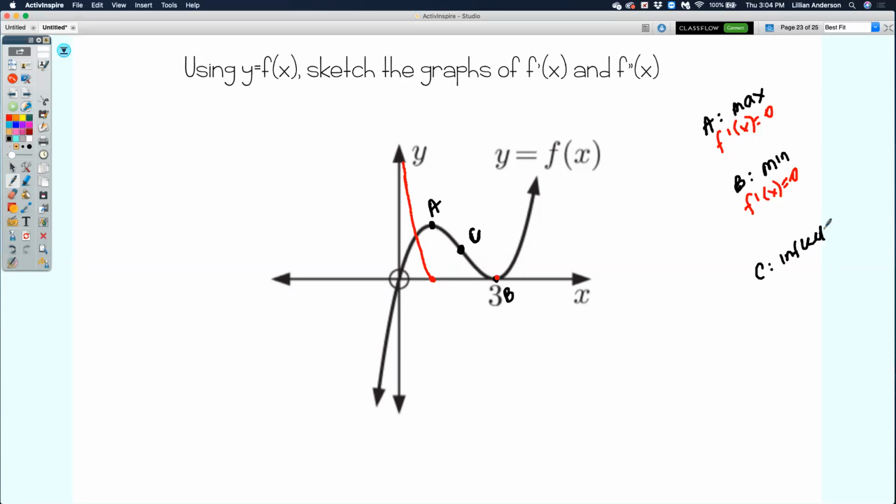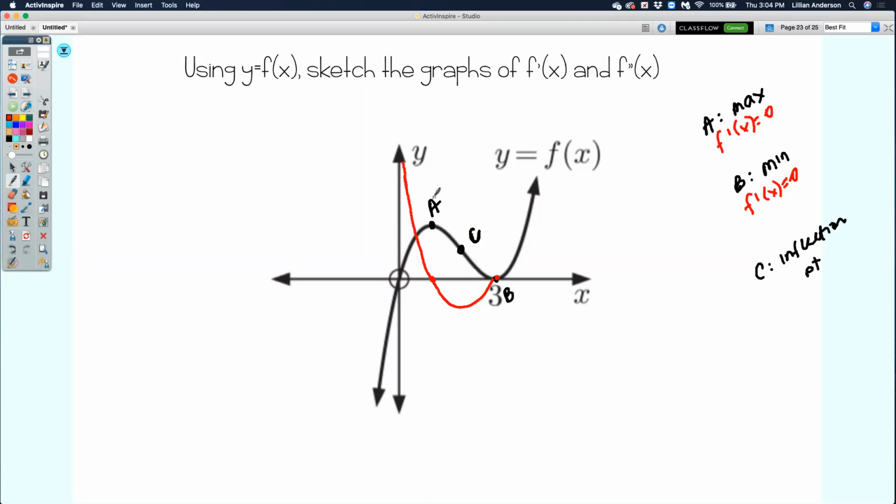So we have an inflection point halfway between that max and that min. And because we have that inflection point, that means we're going to have an extrema on our first derivative at that respective point.